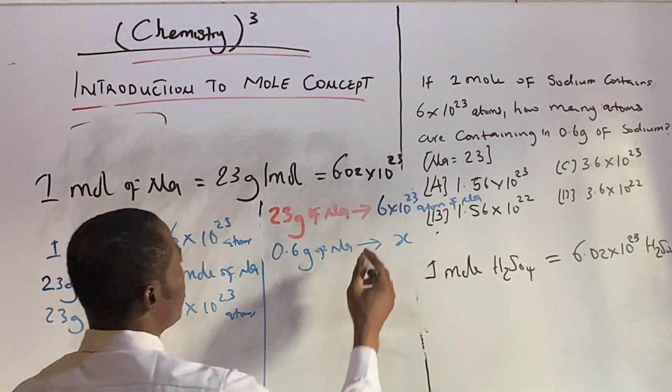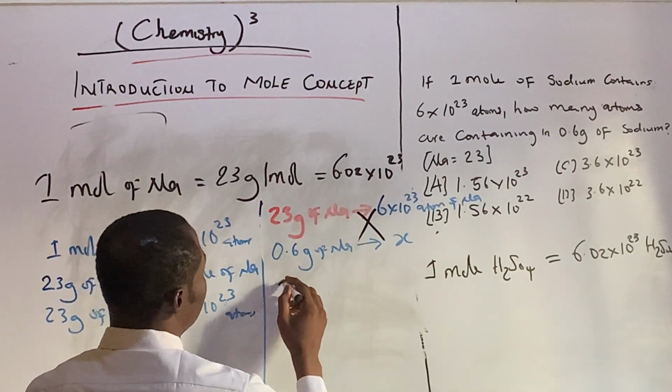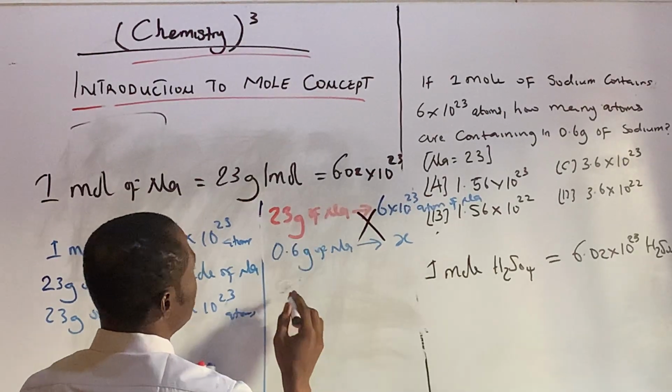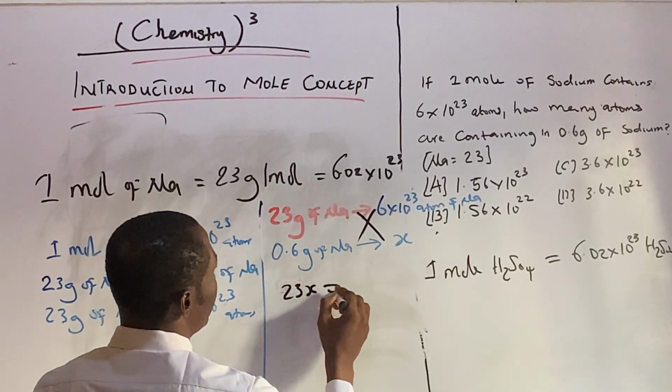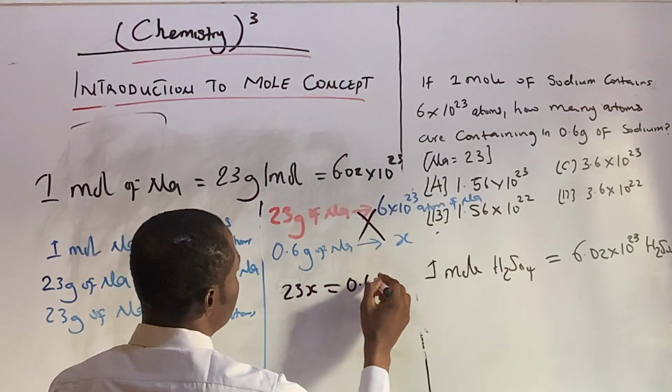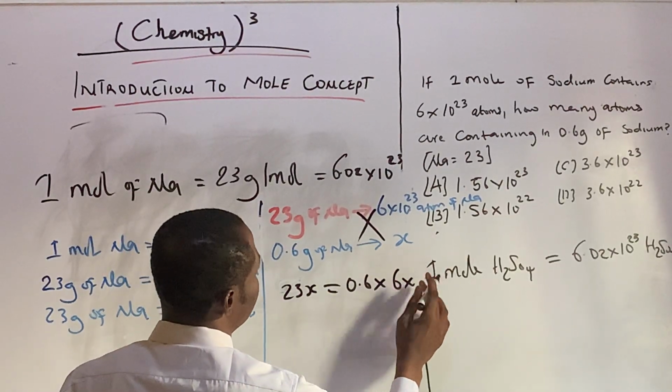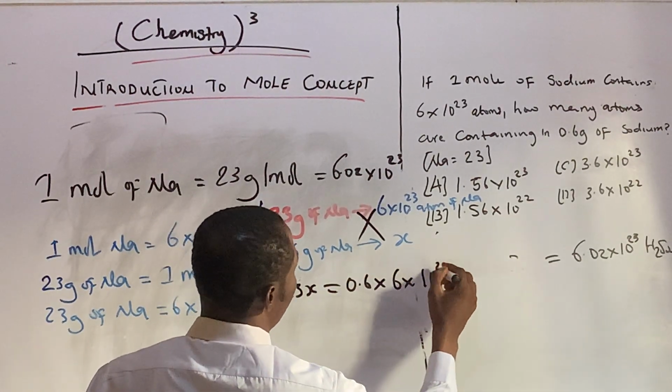If you are conversant with mathematics, you cross multiply so that X times 23 is 23X, which is equal to 0.6 times 6 times 10 raised to the power of 23.